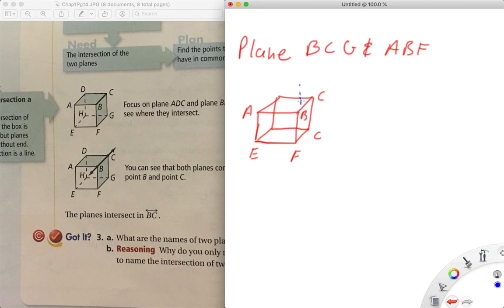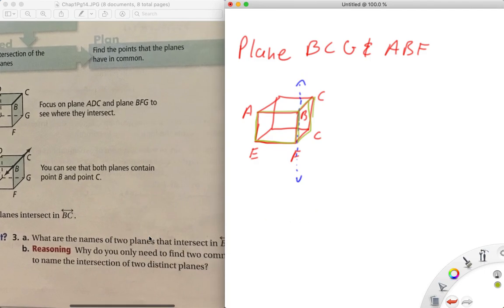So this is my line, right? So the two planes that are going to form line BF are going to be plane BCG, which is this one, and plane ABF, which is this one. So these come together, right? And when these two come together, the front of the cube and the right side of the cube, they come together to form this line BF, which is a vertical line going up and down. Two planes form a line.